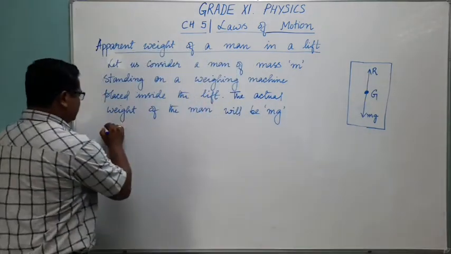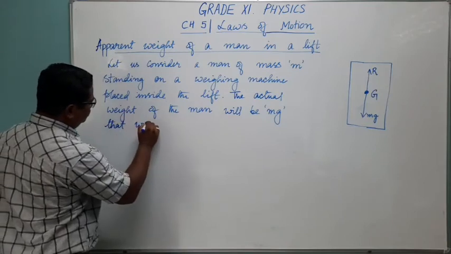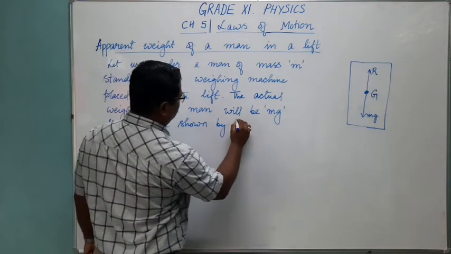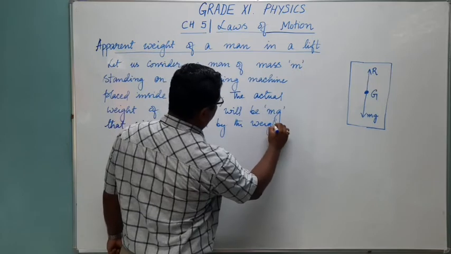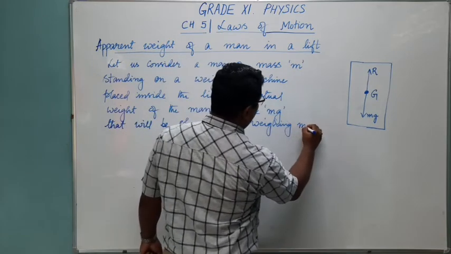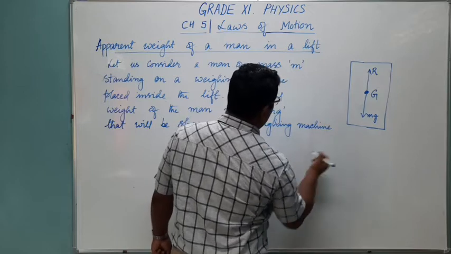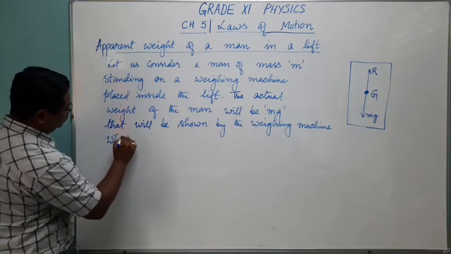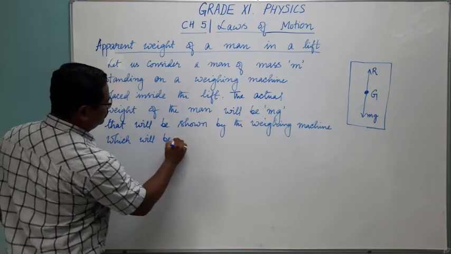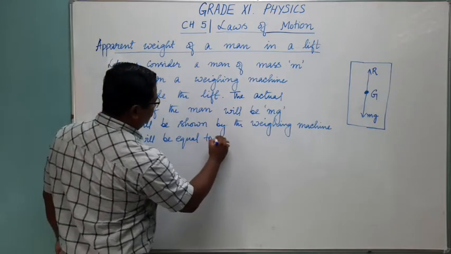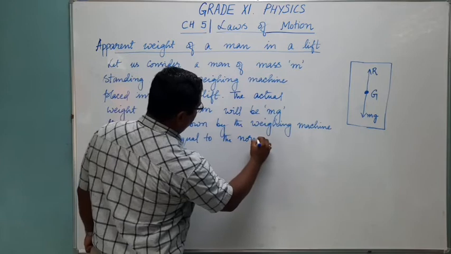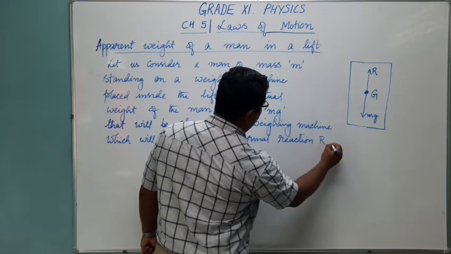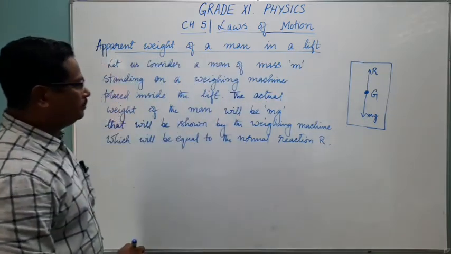That will be shown by the weighing machine, which will be equal to the normal reaction R. R is the normal reaction.